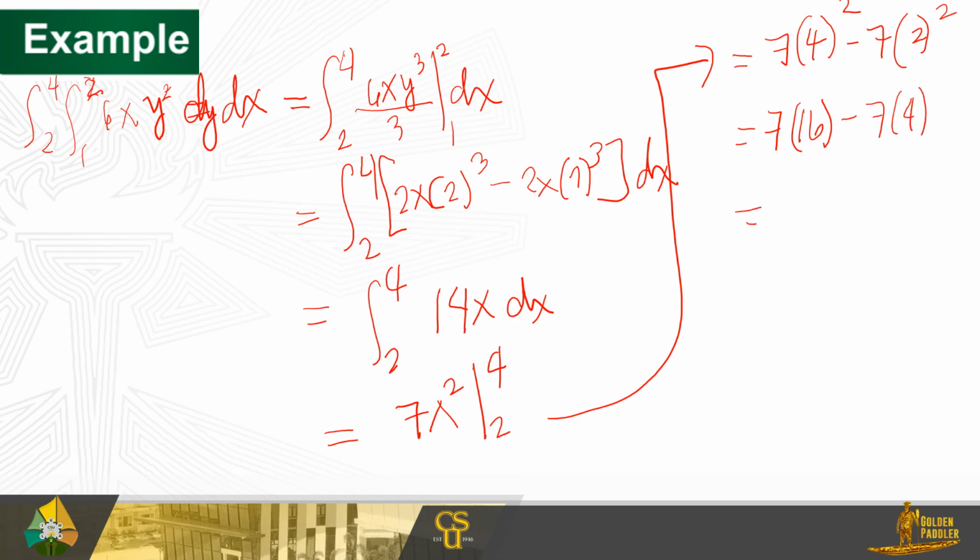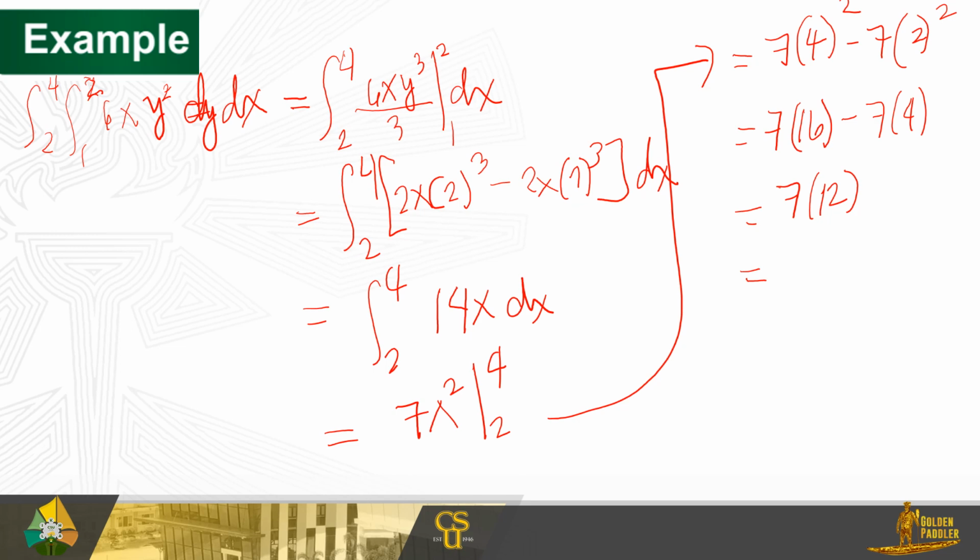So 16 minus 4, we have 12. So we have 7 times 12. Again, I just used algebra because they are like terms. I just assumed that the 7 is like x, so we have 16x minus 4x, so we have 12x. That is in general, but specifically the 7 is the x.